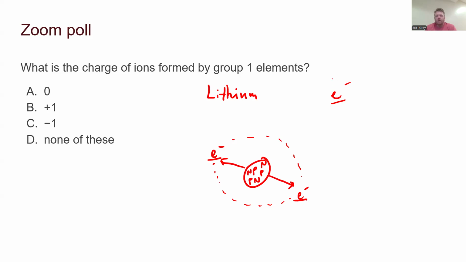This electron way out here, this third electron, is not being very well contained by the nucleus. So this electron can just dip out and leave. It can be like, listen, I'm not even close to the nucleus anyway, so I'm just going to leave. See ya. So that's a simple characterization of what's taking place here.